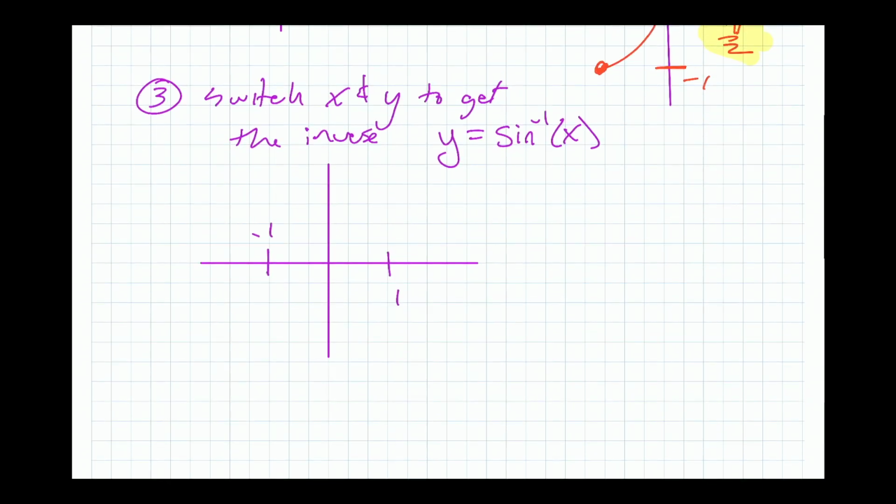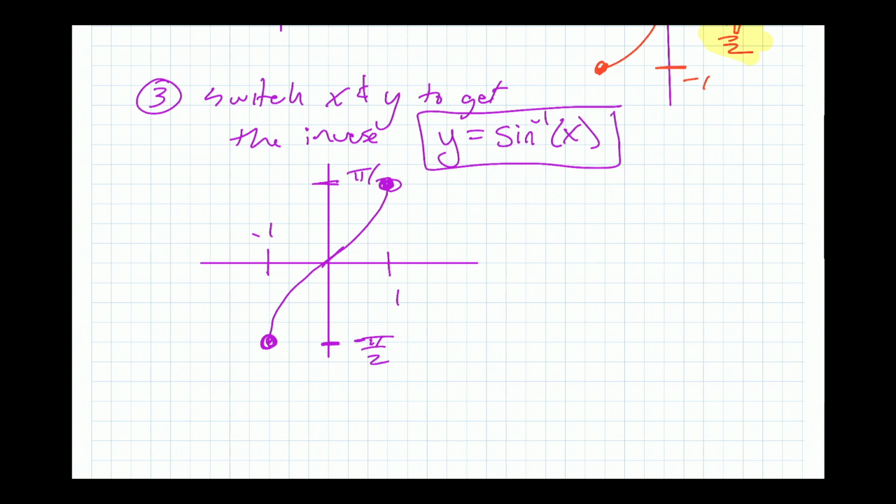Now that's going to be on the y-axis. Looks like that. Okay, and so that is what the graph of y equals sine inverse x looks like. You can read the book if you want graphs of all the others, because there are 5 more, right? But this is the graph of y equals sine inverse of x.